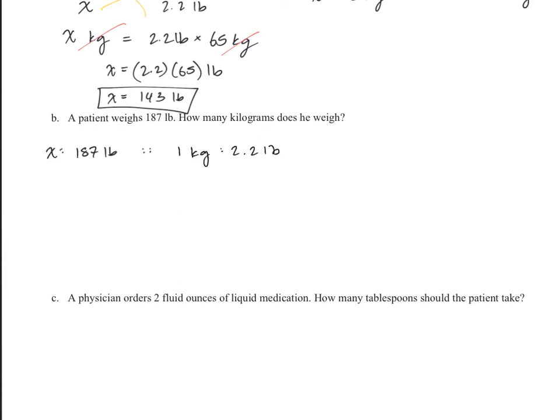We'll go ahead and multiply the means together, and then multiply together the extremes, so the outer ones, the extremes. And that gives me x times 2.2 pounds equals 187 pounds times 1 kilogram.